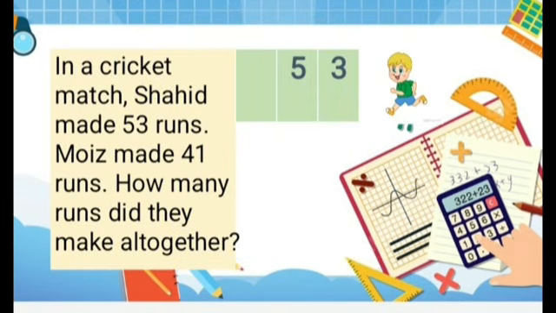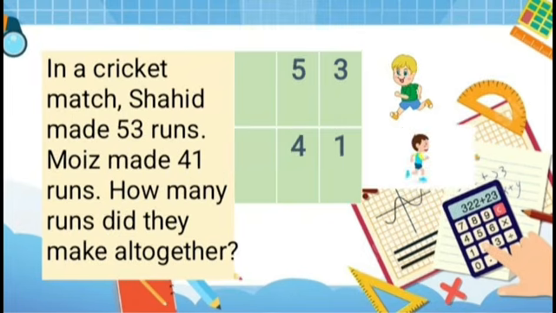Now we will discuss the topic of addition involved in real life problems or sums. In our daily life situations, how is the process of addition involved? For example, in a cricket match, Shahid made 53 runs, Muiz made 41 runs. How many runs did they make all together? In the first row, we will write 53.